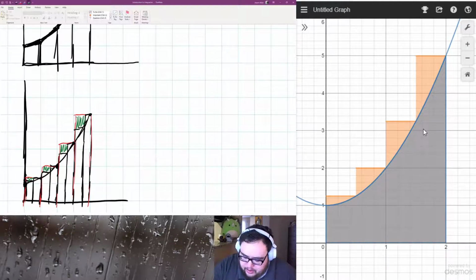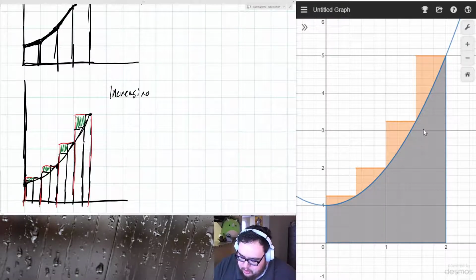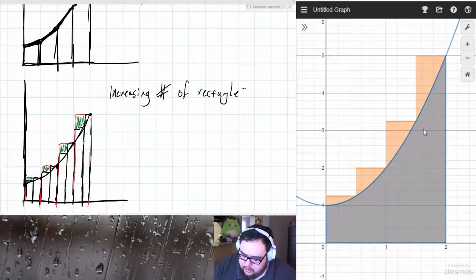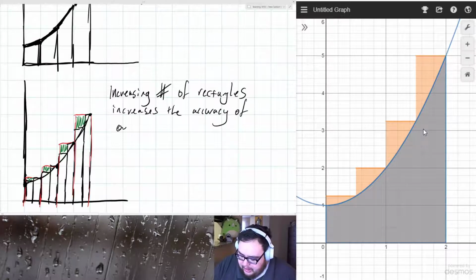So by increasing the number of rectangles increases the accuracy of our estimate.